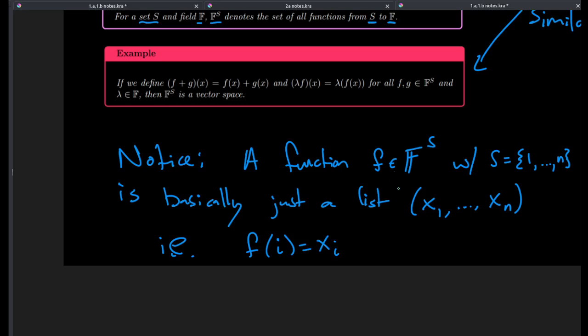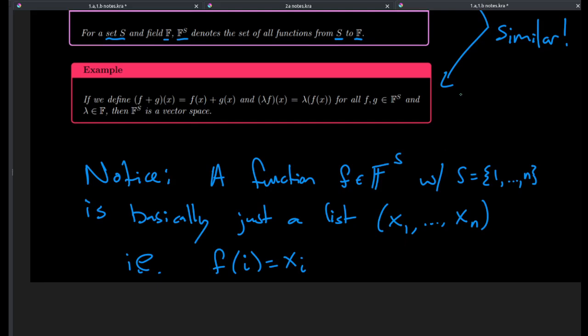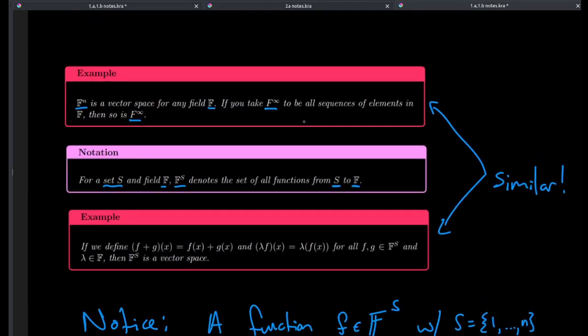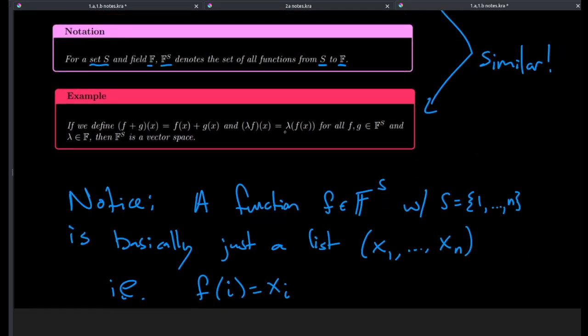Every function of this form specifies a list and vice versa. So in that sense, the first example is basically the exact same as this last example, or at least implied by this last example.